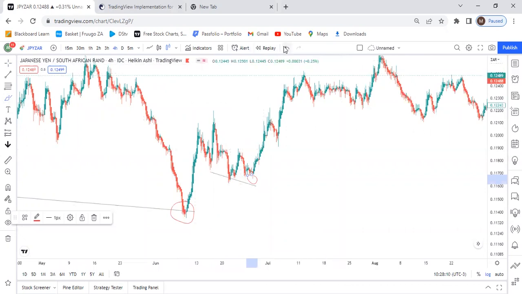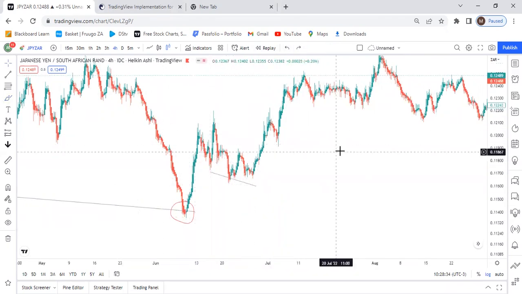Because the movement is like this if I draw it. So it's 1, 2, 3 touches. Even if it doesn't flow perfectly within the trend lines, you can still consider them touches.